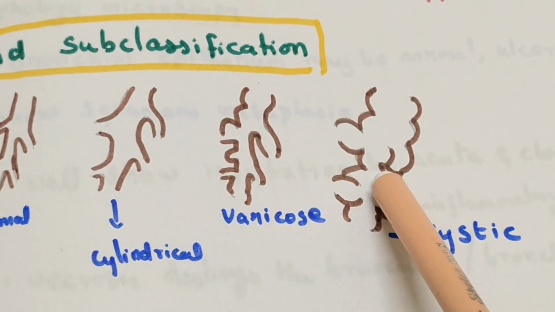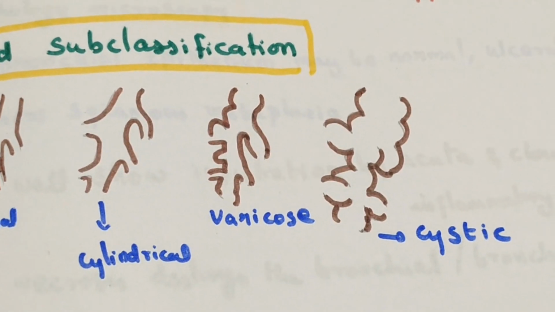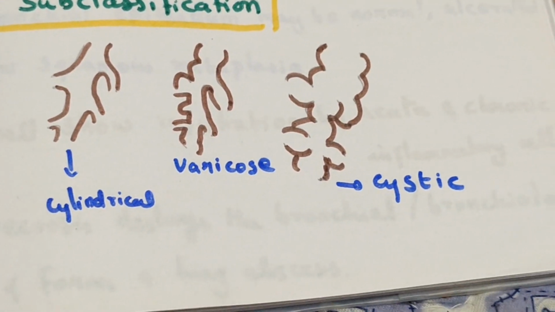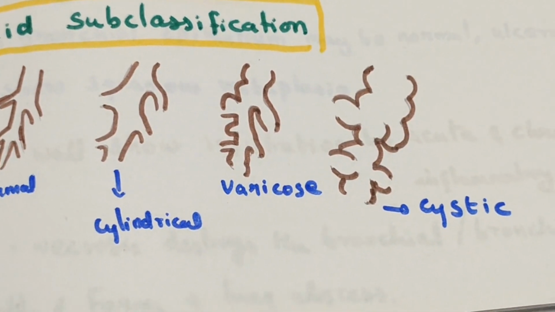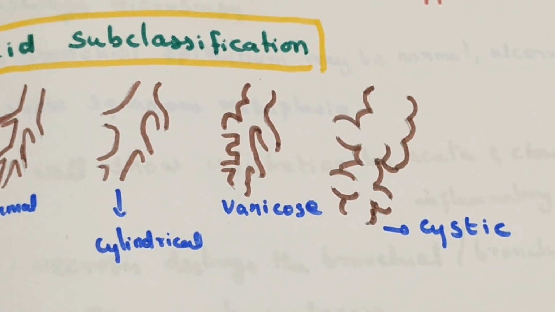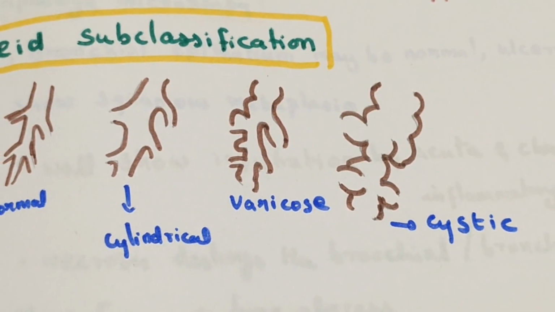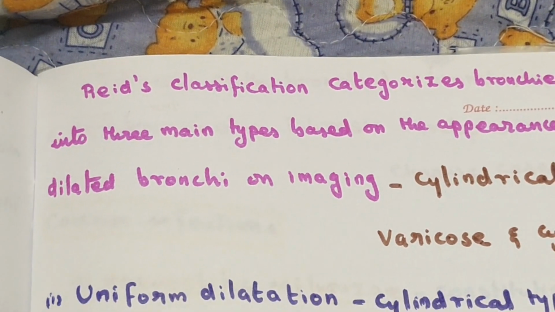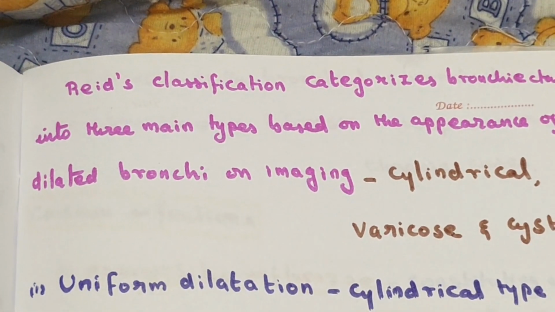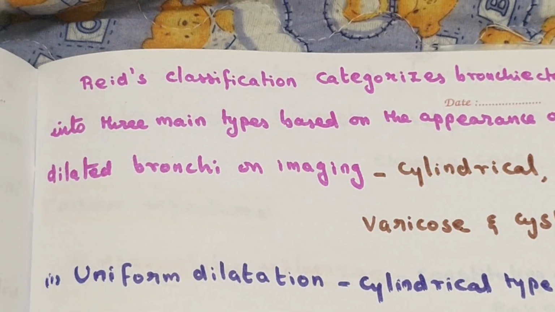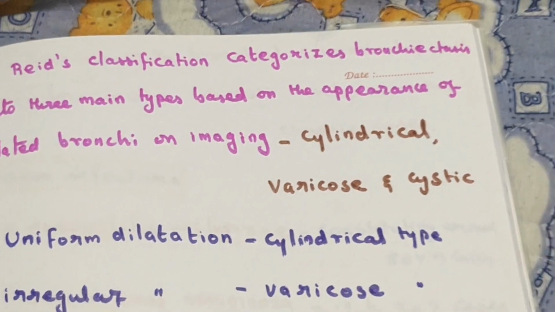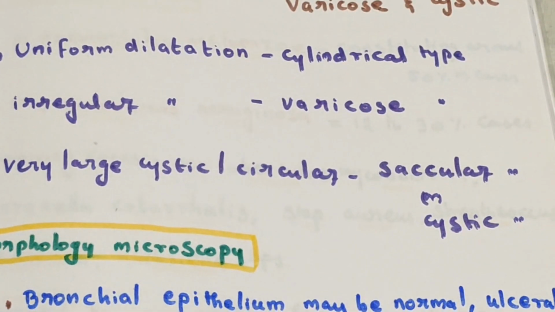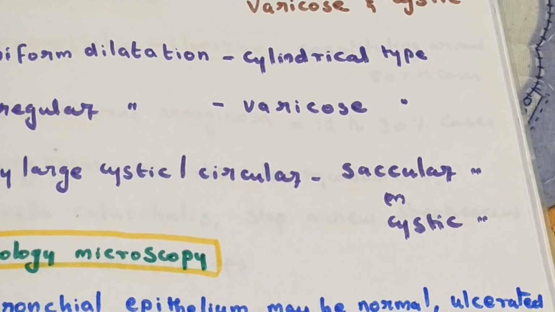Then if very large, cystic or circular, it is referred to as cystic bronchiectasis. So remember this morphological classification of bronchiectasis proposed by Dr. Reid. This is the Reid subclassification of bronchiectasis.